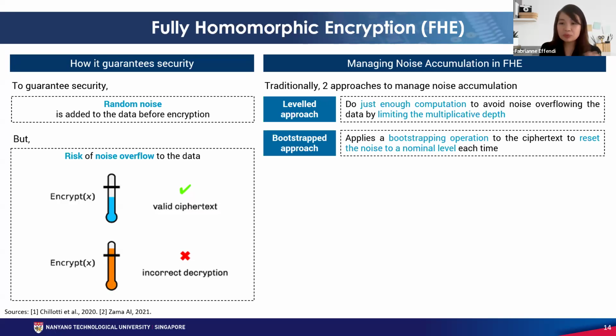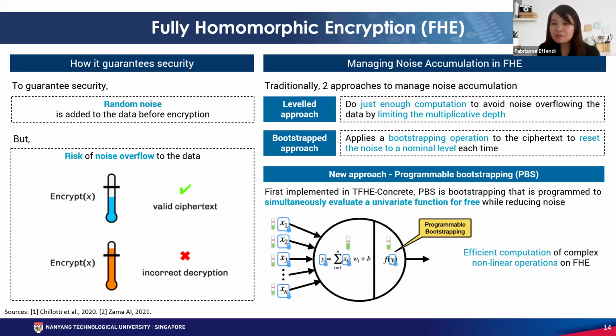The second approach is the bootstrap approach, like fully homomorphic encryption over the torus. This applies a special operation called bootstrapping to reset the noise to a nominal level, and this prevents the overflow. But this leads to a trade-off when choosing a scheme, because either you could do a limited number of faster operations using the level approach, or an unlimited number of slower operations using the bootstrap approach.